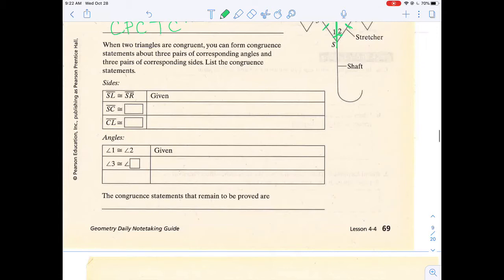So first we have SC is congruent to SC. That was by the reflexive property of congruence. And they gave us SL is congruent to SR because that was the given statement.